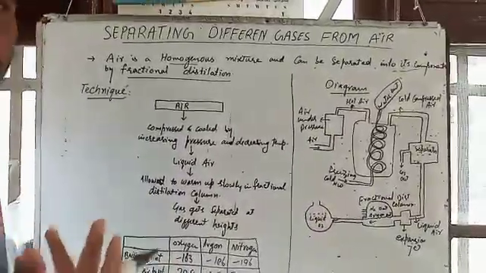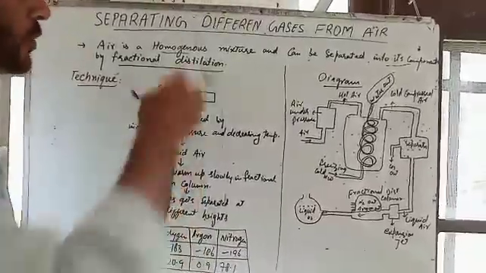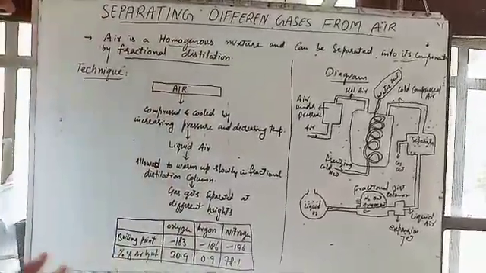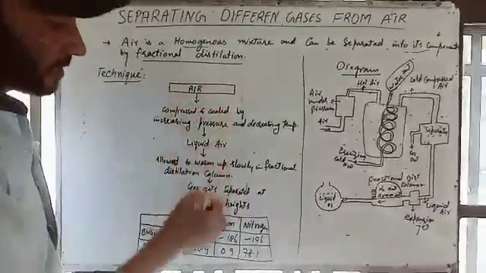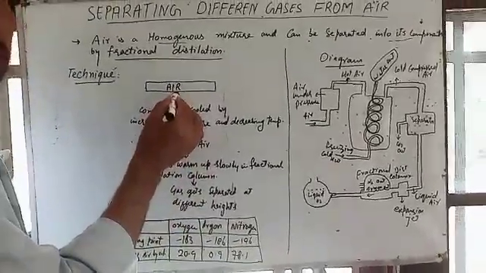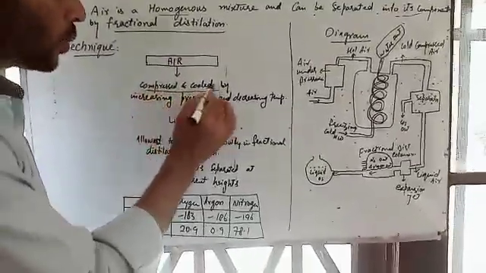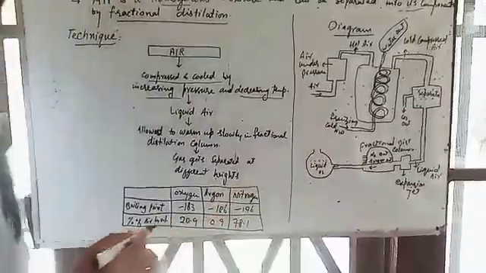Then what is the technique? I will show you the basic steps which are used in separating different gases from air. Number one, the air. These are the different steps in the flowchart method. Air is compressed and cooled by increasing pressure and decreasing temperature.